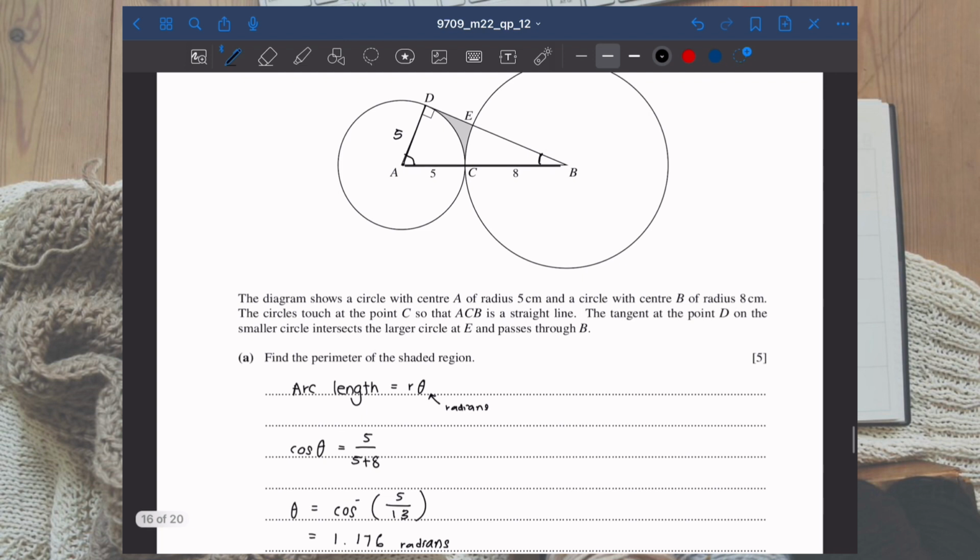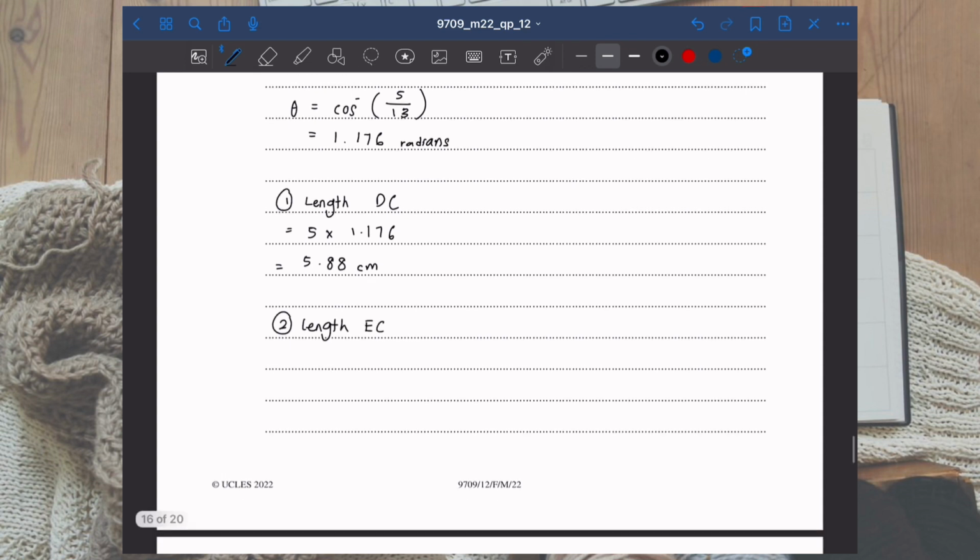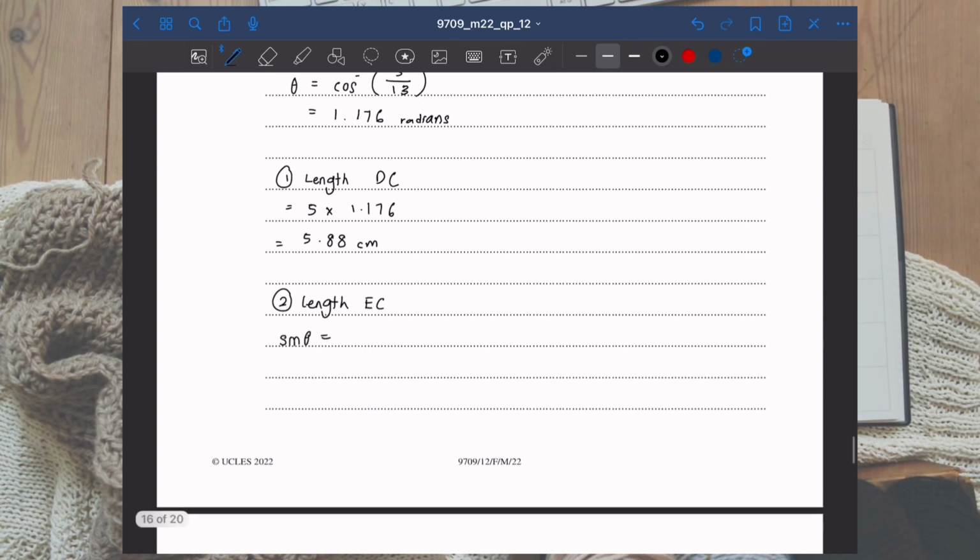So we can find this angle by using the sine formula. So to find length EC, first we need to find theta. So we can use this formula, sine theta equals 5 over 13.